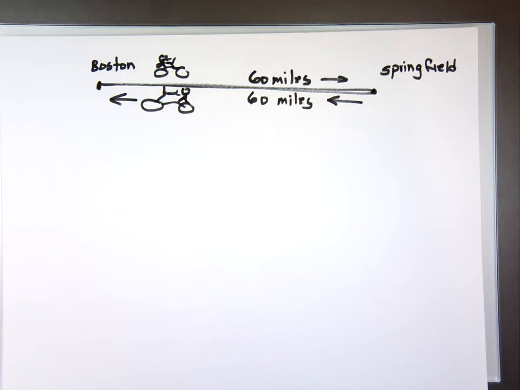So we rode the bike 60 miles to Springfield, grabbed a sandwich, collected some checks, and rode the bike back to Boston. Another 60 miles.